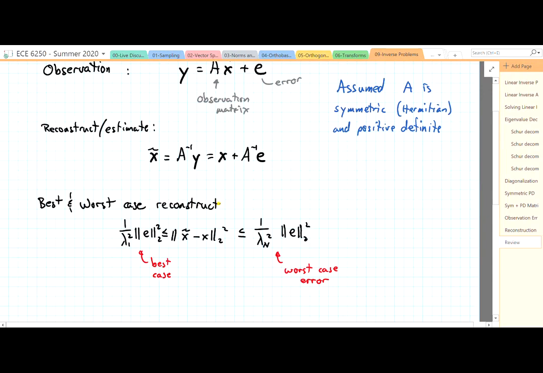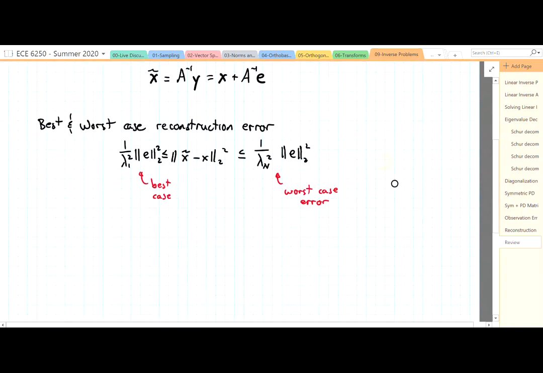Reconstruction or estimate error is determined by our eigenvalues, and it all depends on the direction that E is pointing. So if E is pointing in the direction of Vn, then we're going to have our maximum error. That'll be equality. And if it's pointing in the direction of V1, then we're going to have our minimum reconstruction error. And then finally, we'll have our average reconstruction error.